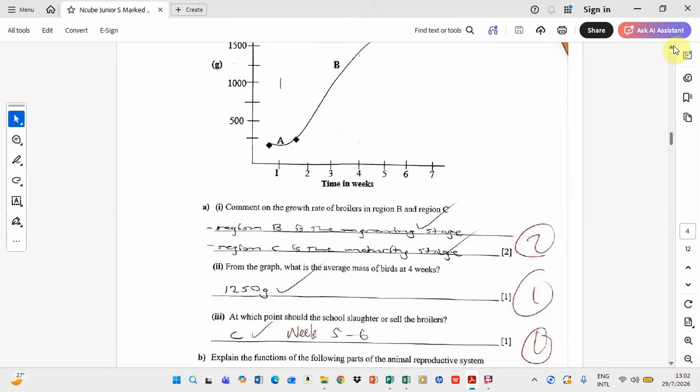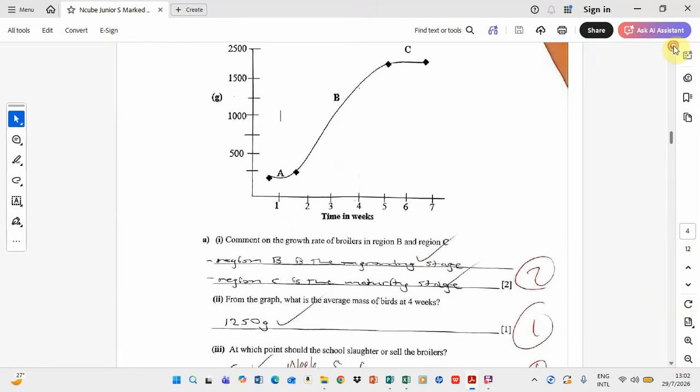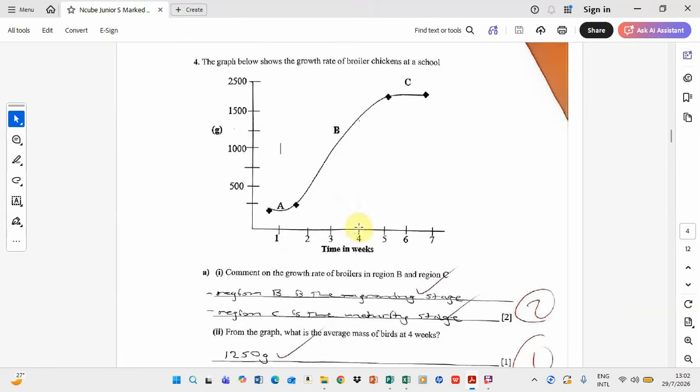Then what is the average mass of birds at 4 weeks? So you come here at 4 weeks, you draw a dotted line going straight. Then if you get there, you also draw a dotted line coming this side. So the average is just below 1,500 grams, that is 1,250 to 1,300 grams was the average.